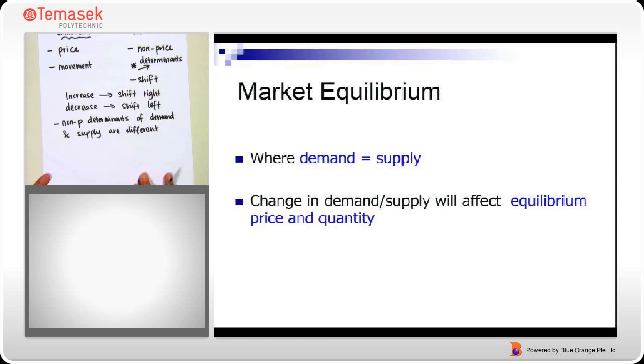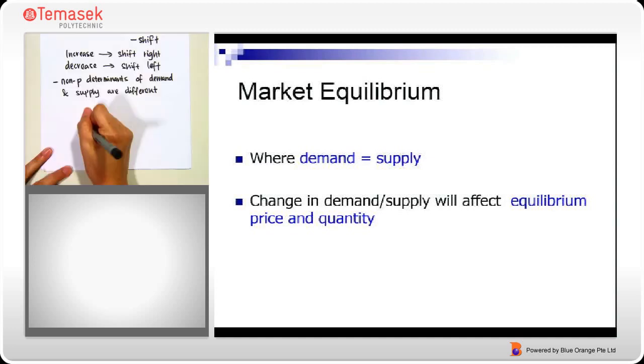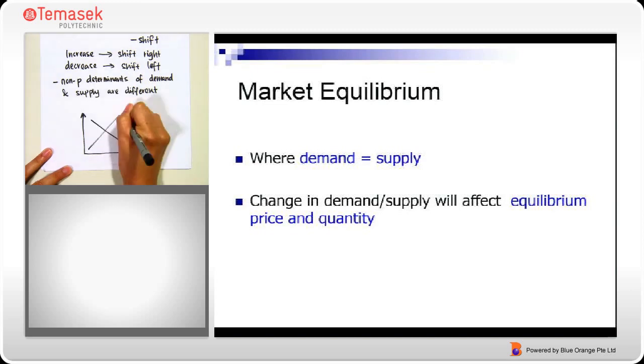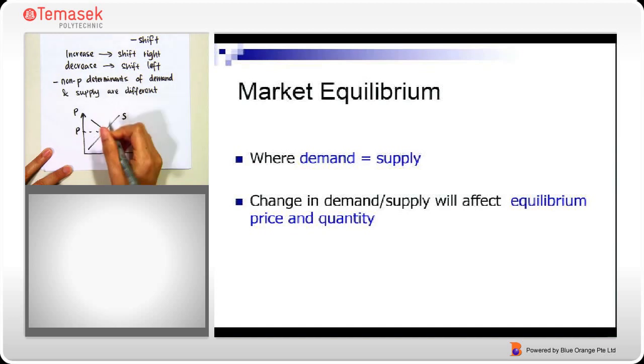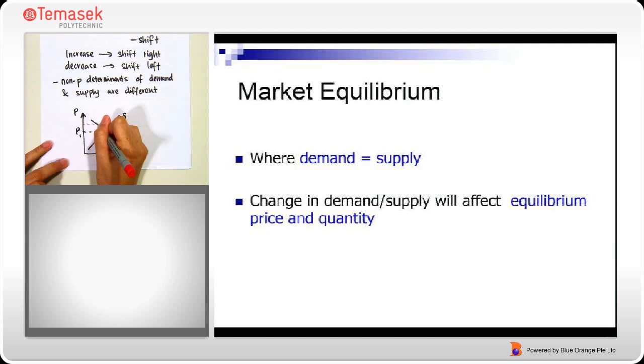So if I draw this, I have equilibrium price and quantity, and any price that is above, there will be a surplus.